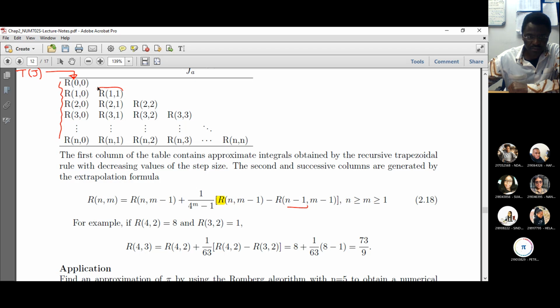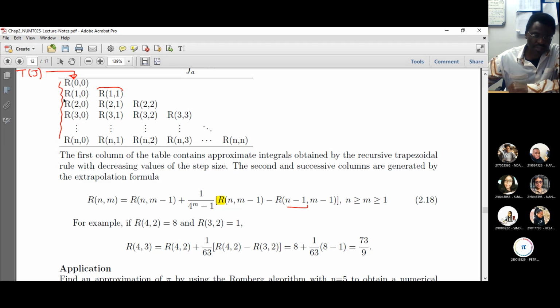So this one, how would we get this one? We get this by fixing the row number, which is n. You can see that we have the same n, but I take the previous column, which is this one.